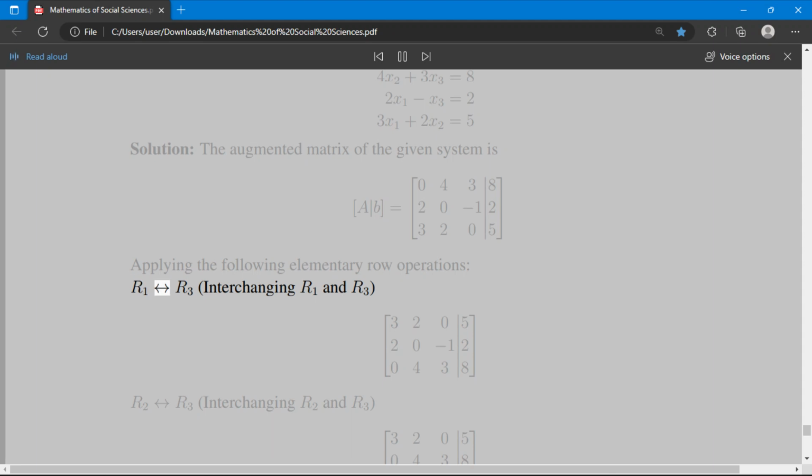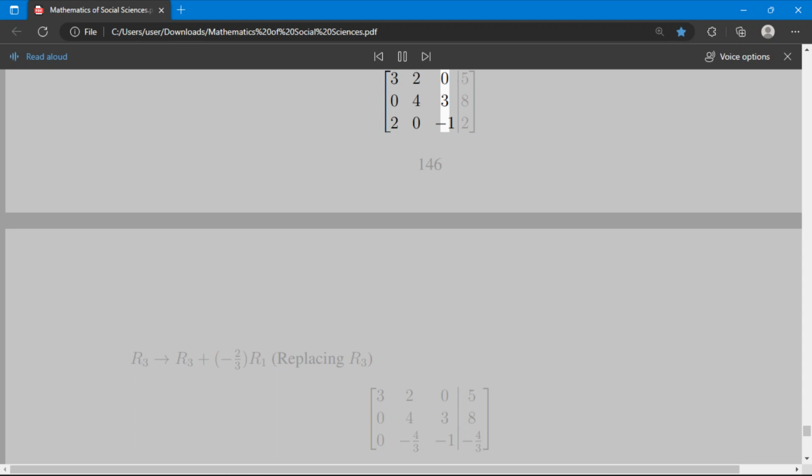Applying the following elementary row operations. R1 left-right arrow R3, interchanging R1 and R3. R2 left-right arrow R3, interchanging R2 and R3. 146.